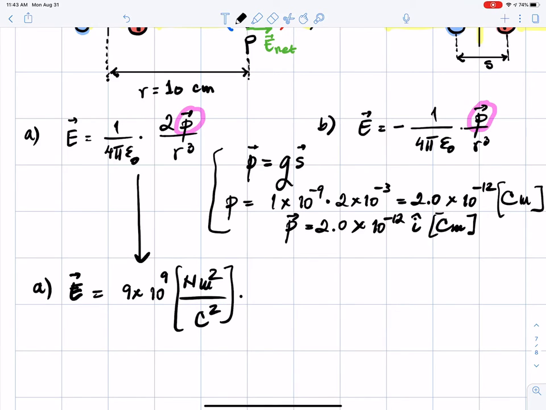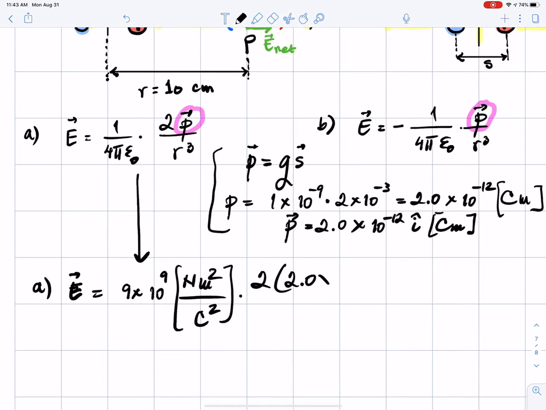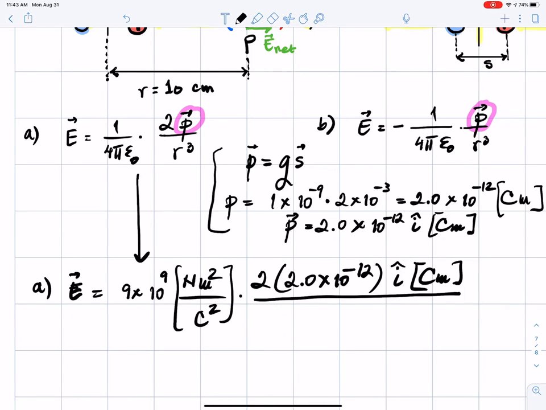All right, in our case, times 2. So we just copy the 2 from our formula there. And then we had 2.0 times 10 to the negative 12. Okay, so this is i hat, and this was Coulomb meters. All right, all divided by the separation there.